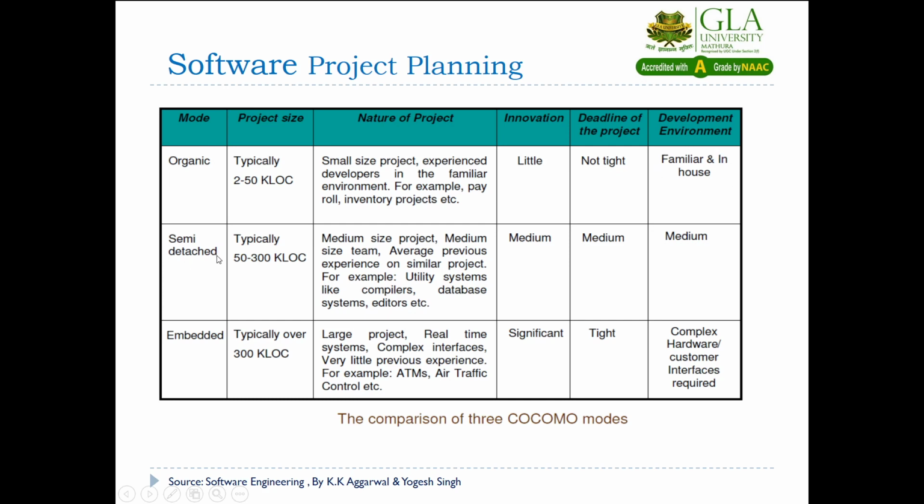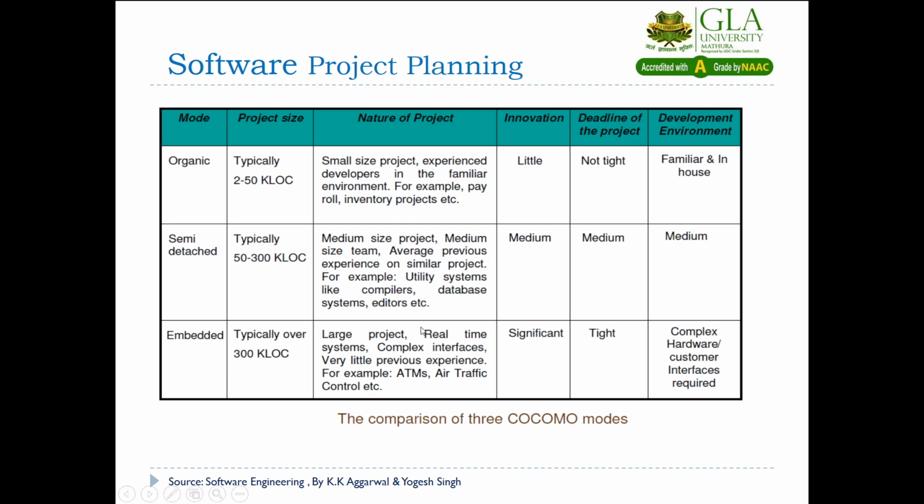Now if we talk about semi-detached, first we should focus on the project size. Its size will vary from 50 to 300,000 lines of code. So it comes under the medium size project where medium size teams work. But if we talk about experience, these software developers will have average experience. Why?